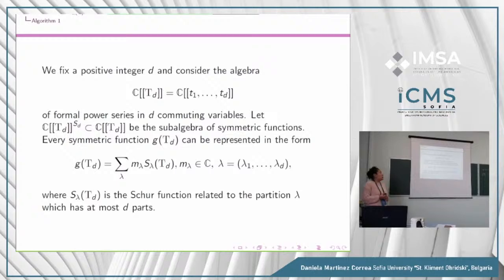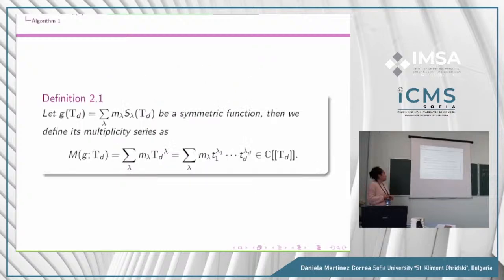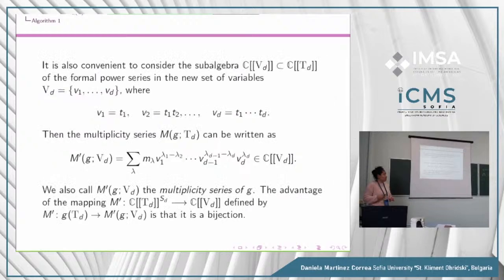Okay, so using this decomposition, we can define the multiplicity series of a symmetric function G like that. Okay. There is another way to express this multiplicity series, that is using a chain of variables. Okay, so we use this chain of variables, so the multiplicity series can be written in this form too.